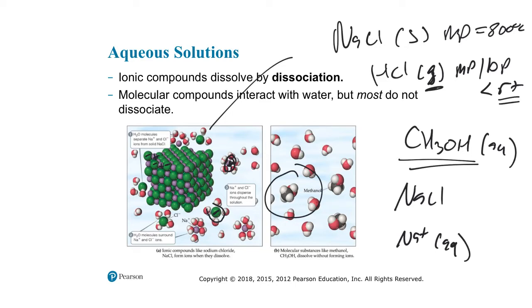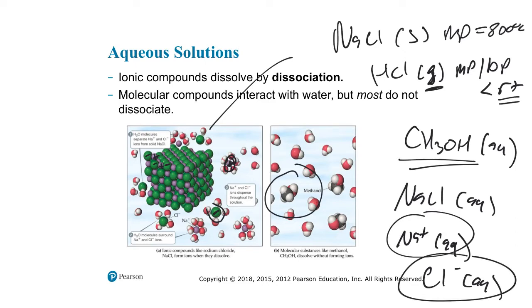We might write Na+ (aq), or chloride ions, each surrounded by water, Cl- (aq). So for NaCl, we could also say NaCl (aq), and we're just understanding that it's really completely ionized in water. So ionic compounds will completely dissolve, so this solid will completely dissolve in water, so it fully dissociates in water.